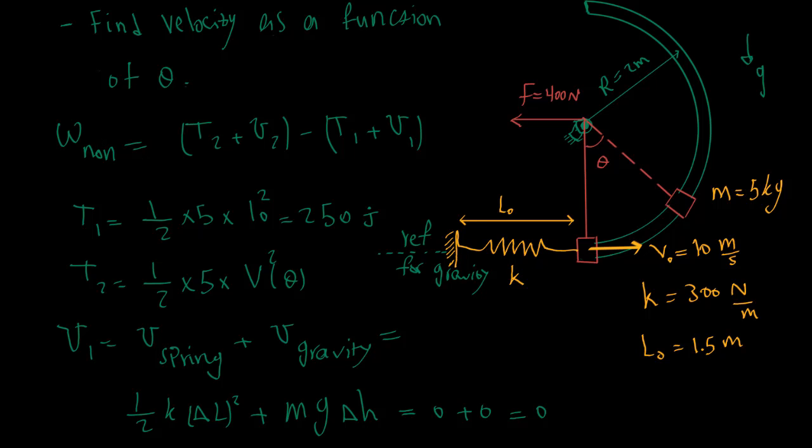So basically we need to find this length here. So when the slider goes here, this is the end length of the spring, the length of the spring at the second position. So we have to find this, and in order to find this we can use geometry here to find that.